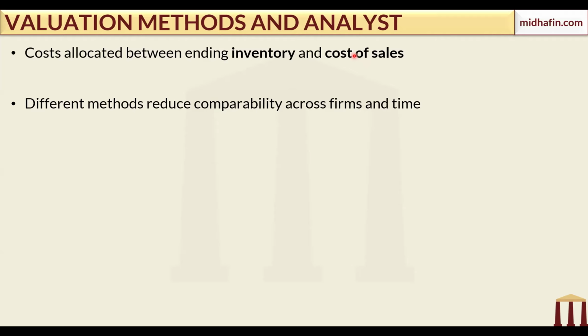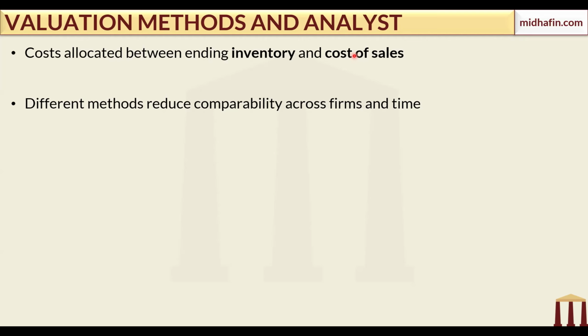Okay, and because the numbers might appear different, the balance sheet strength also can appear different. Okay, so as an analyst, you have to make sure that you know the method which is being used, so that you can compare the numbers and the trends across firms and time.